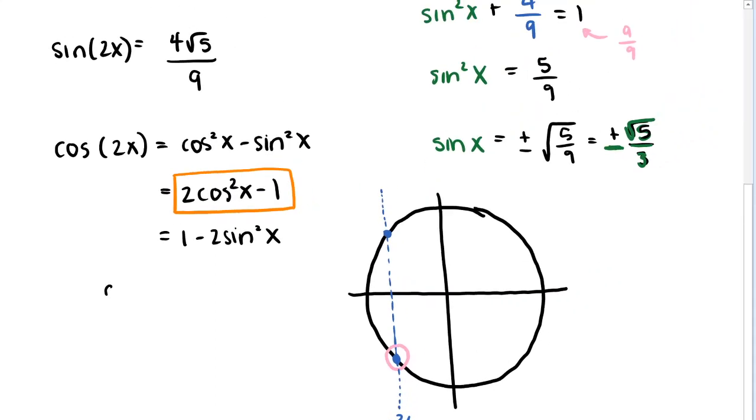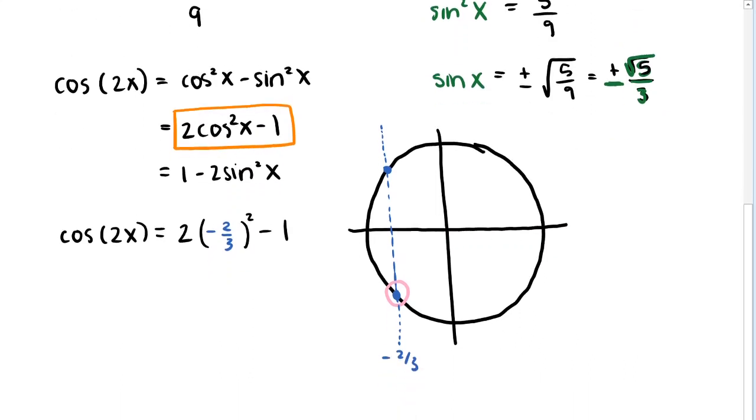So here cosine of 2x is equal to 2 times cosine squared of x minus 1, and we said that cosine of x was negative 2 over 3. So we're going to take this, square it, and take away 1 after doubling it.